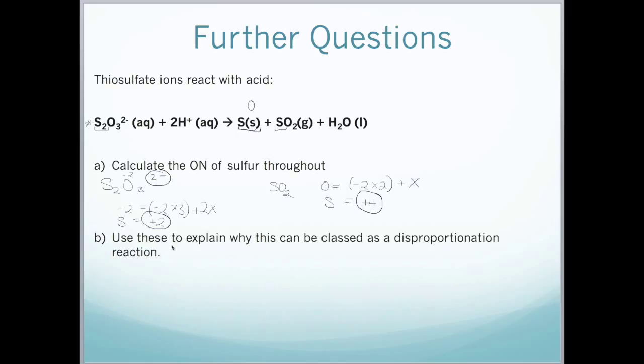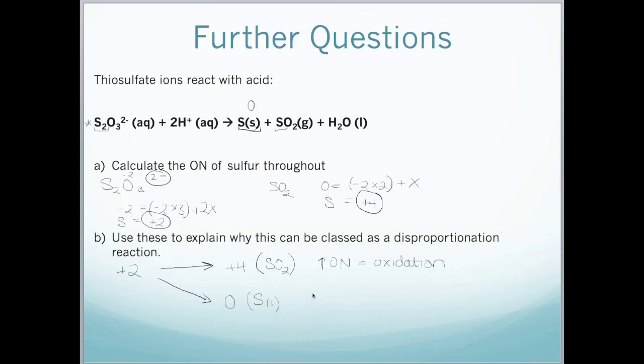Part B, it says use these to explain why this can be classed as a disproportionation reaction. We started off with a +2 oxidation number, and we went to +4 in sulfur dioxide, and we also went to 0 in solid sulfur. In this reaction we are increasing the oxidation number, which means that we have oxidation, so there is a loss of electrons.